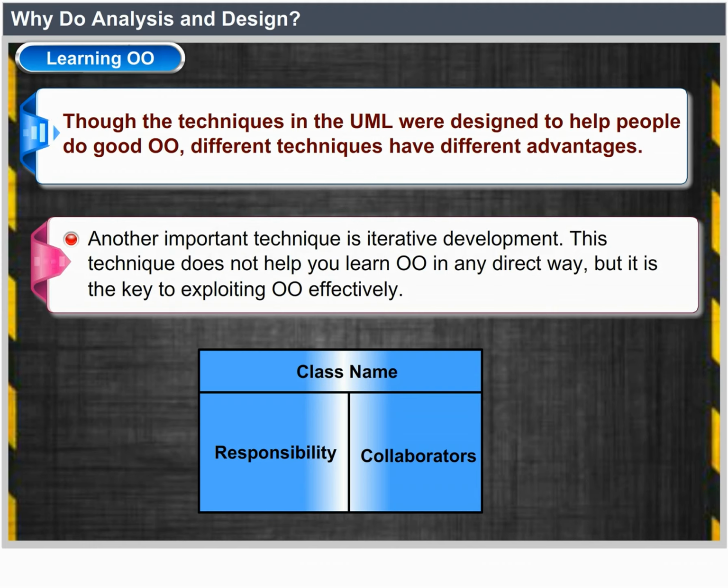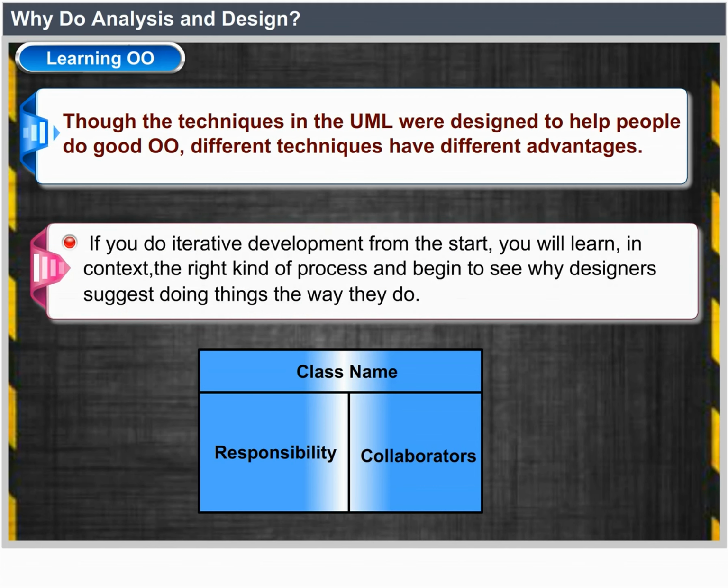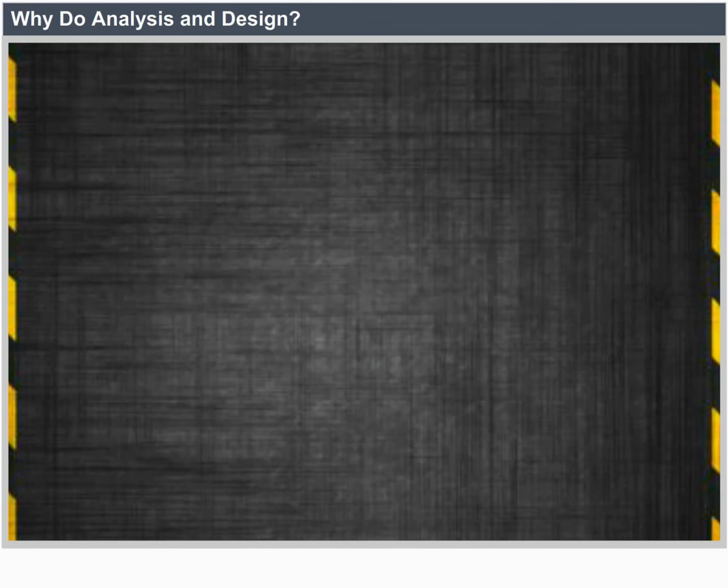This technique does not help you to learn object-oriented in any direct way, but it is the key to exploiting object-oriented effectively. If you do iterative development from the start, you will learn in context the right kind of process and begin to see why designers suggest doing things the way they do.